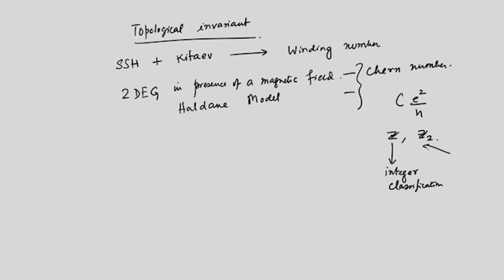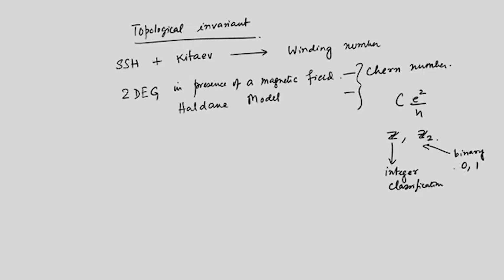And Z2 is of course binary, 0 and 1. Okay. So, 0 corresponds to the trivial phase, and 1 corresponds to the topological phase. So, these two are the main topological invariants that one talks about. You see, Z can take values 0, 1, 2, 3, any value in principle. Z2 cannot take any value.